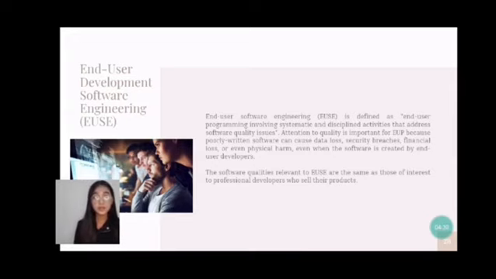The software qualities relevant to EUSE are the same as those of interest to professional developers who sell their products. These qualities include reliability, performance, privacy and security, and maintainability.